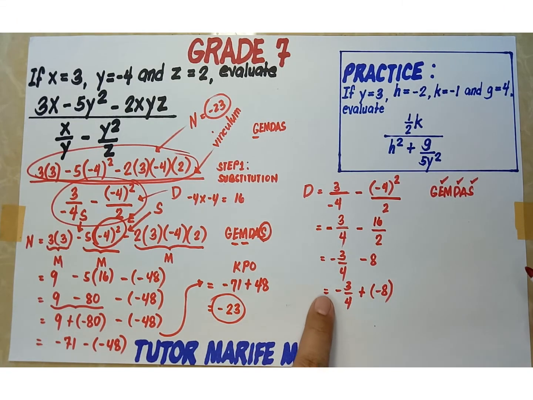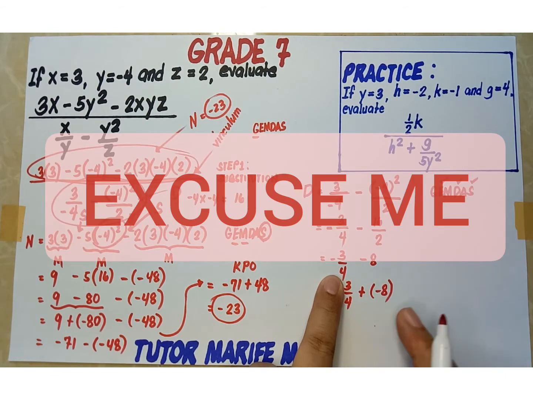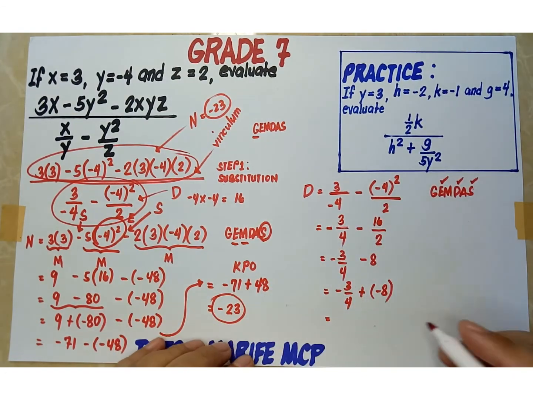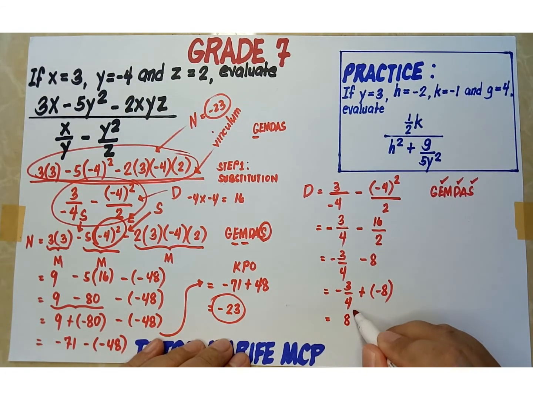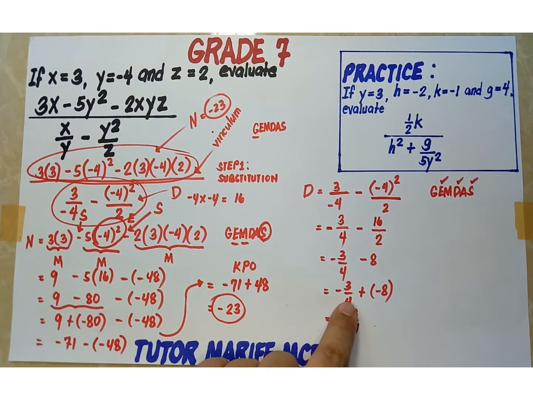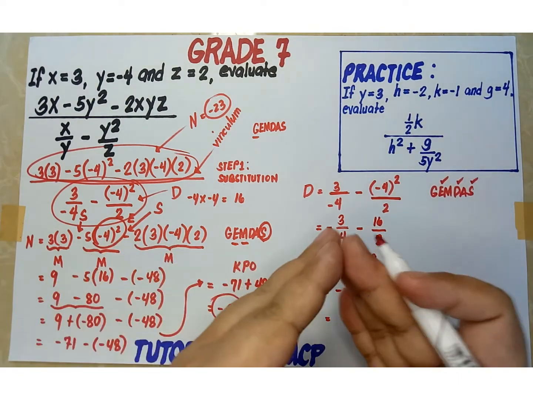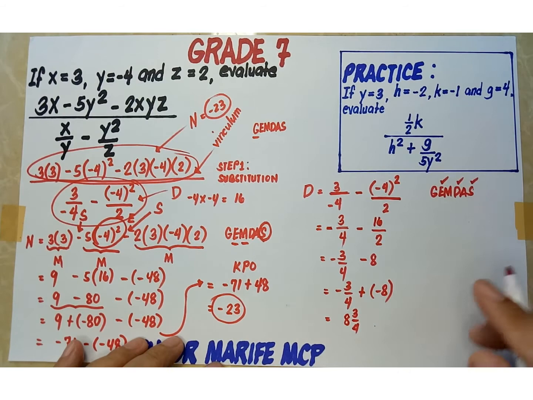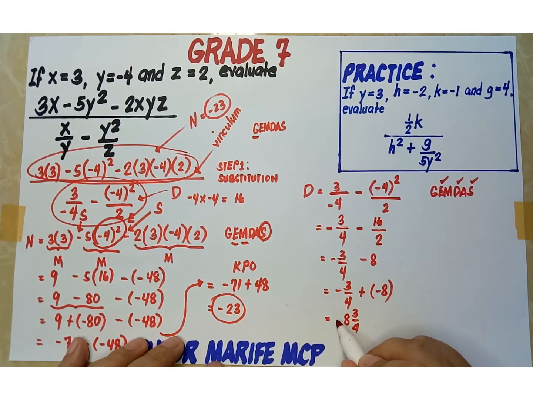Absolute value of negative 3/4, disregard the sign, 3/4. Absolute value of negative 8, disregard the sign, it's 8. Add the two absolute values, 8 and 3/4. If you are adding a fraction and a whole number, i-combine mo lang, i-form mo yung mixed number mo. Then, we retain their common sign. So, ang answer is negative 8 and 3/4.